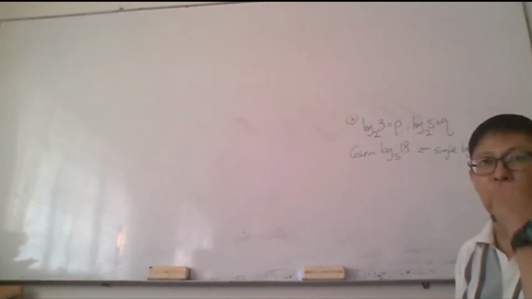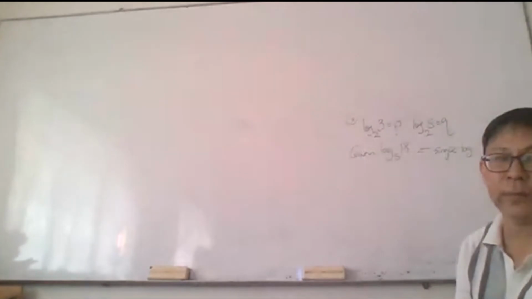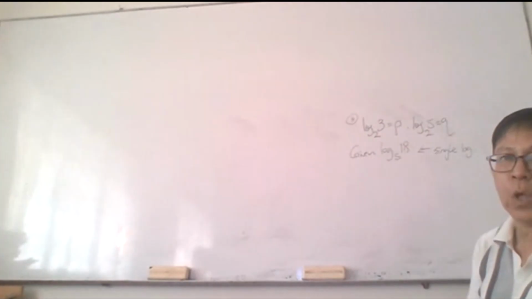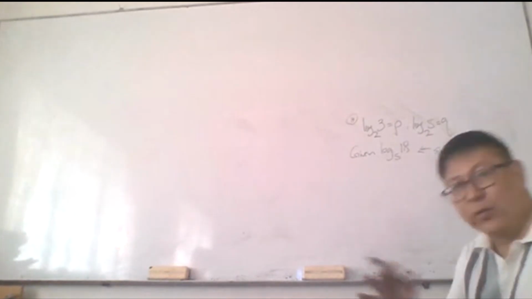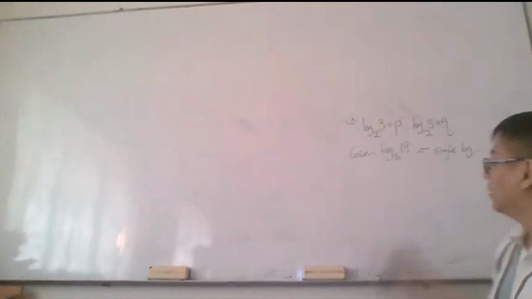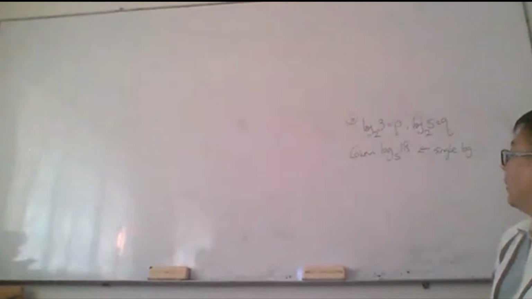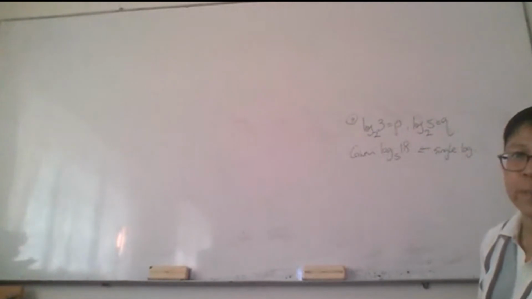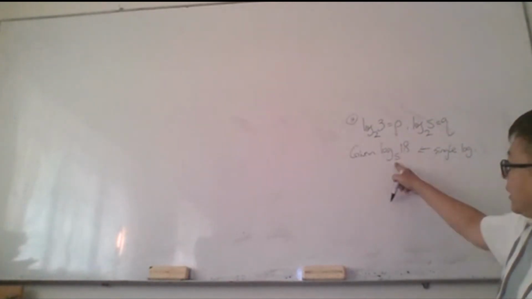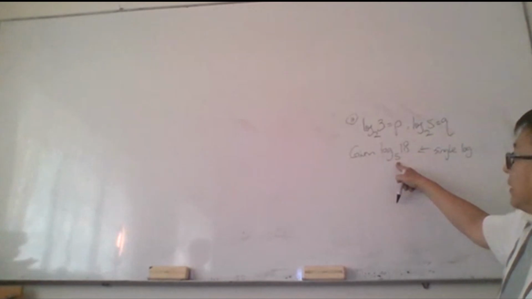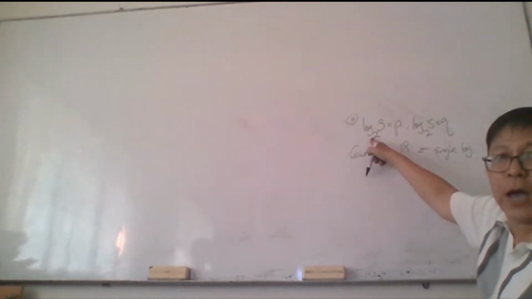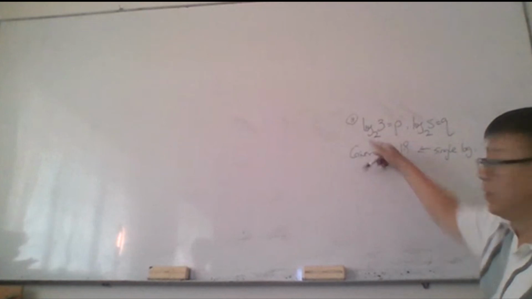Why is it single? Because it's alone, one person only. So we need to split this into two. But first of all, make sure this logarithm base is similar to the logarithm base given.